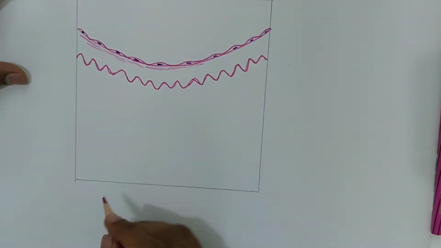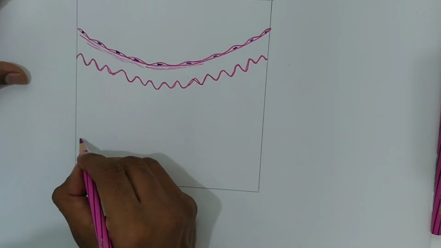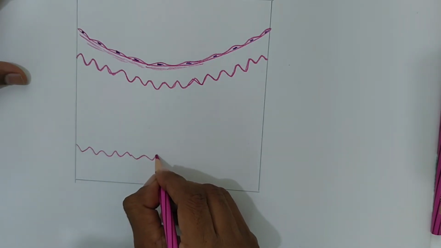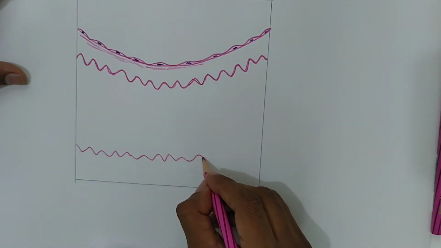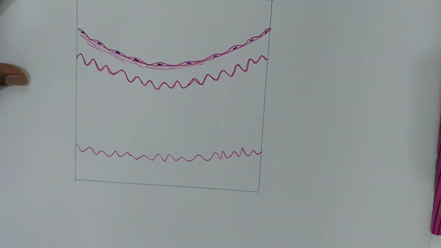And there is also the external elastic lamina, which is less prominent. So what is the important feature?